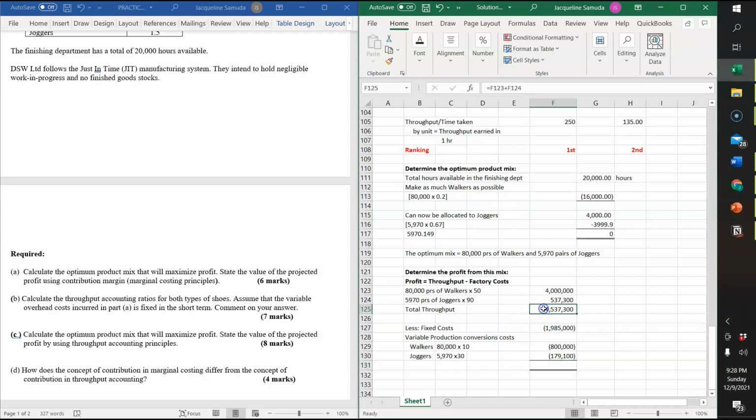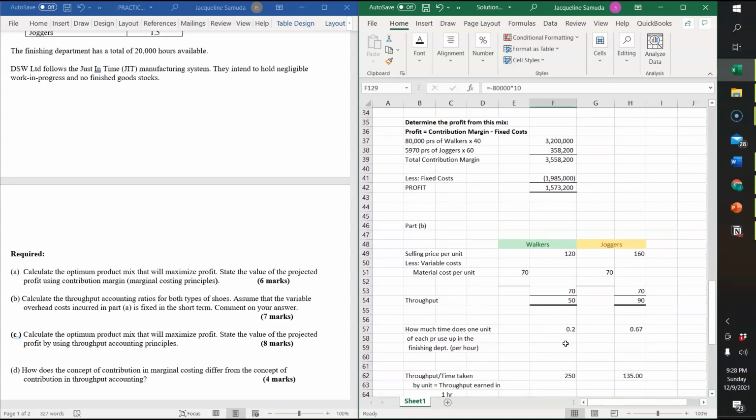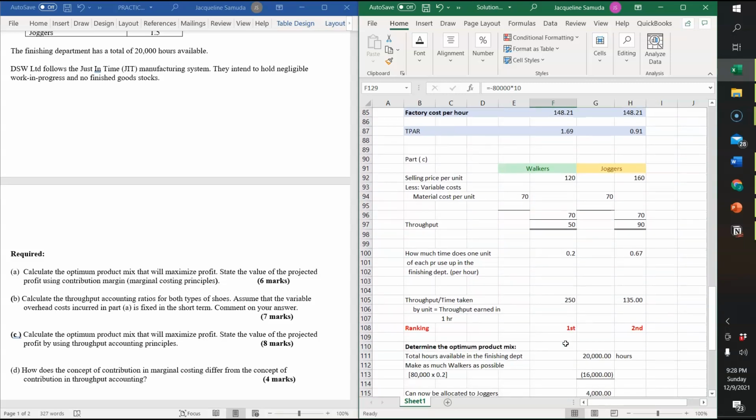So here is our new profit. And interestingly, it comes back to the same figure. That looks highly suspicious.